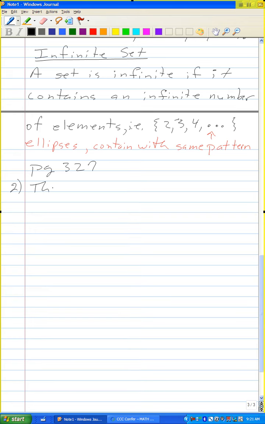The set of the first 5 odd natural numbers. In exercises 1 through 20, list the elements of the set.